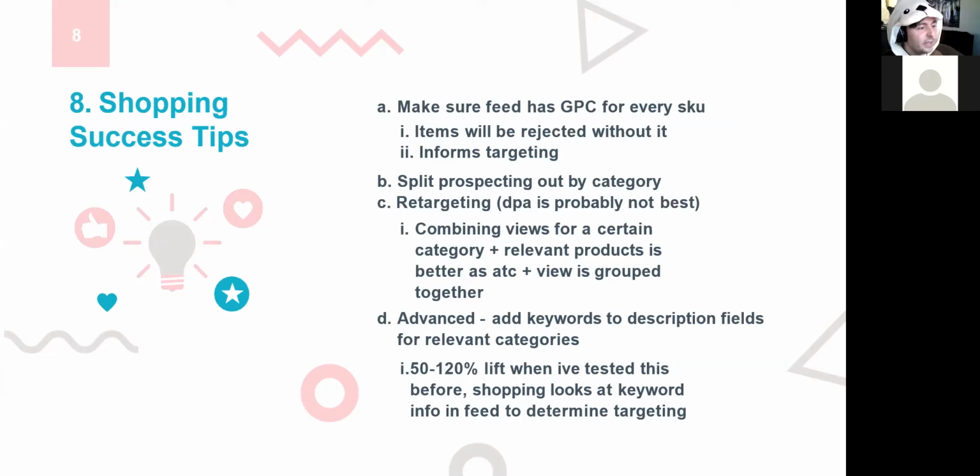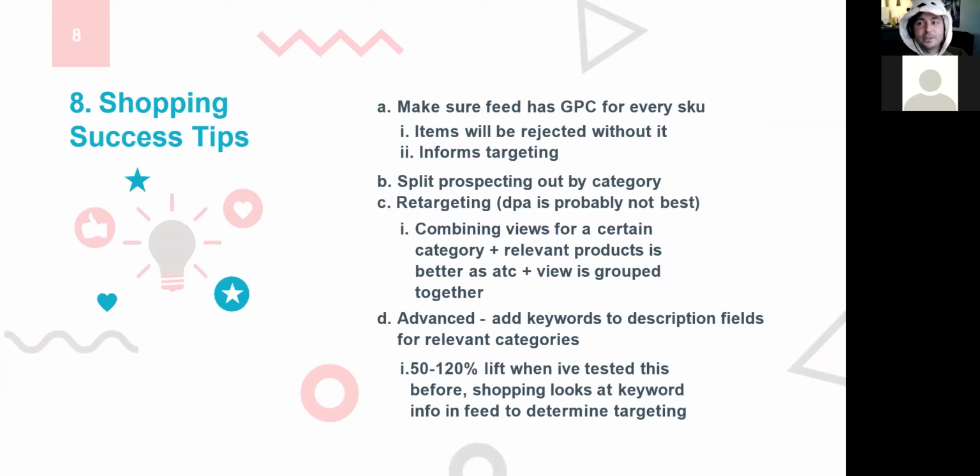And here's an advanced one. If you have the ability to edit the feed to include certain keywords, you should absolutely append relevant keyword phrases to the end of the description fields for appropriate products. When I've tested this in the past, I've seen at lowest a 50% increase in ROAS, at the highest 120%.